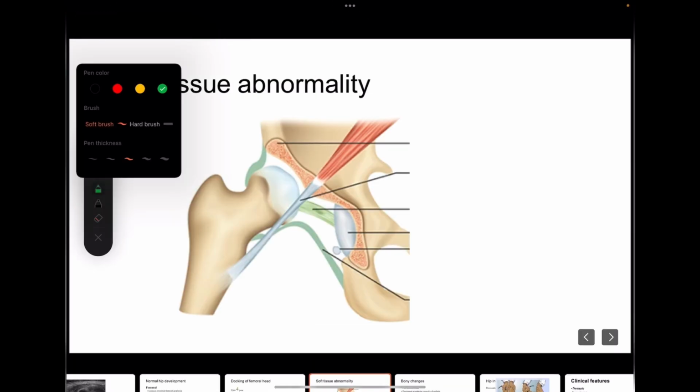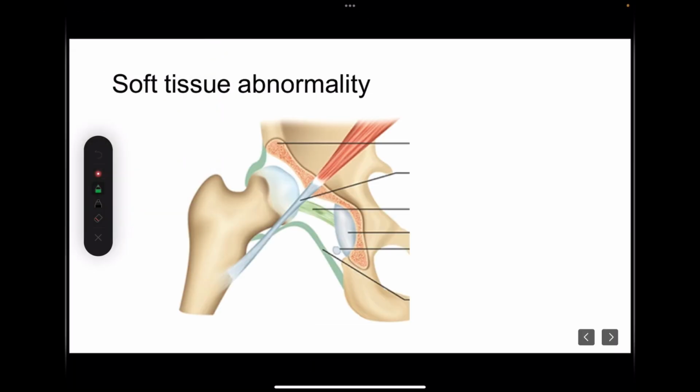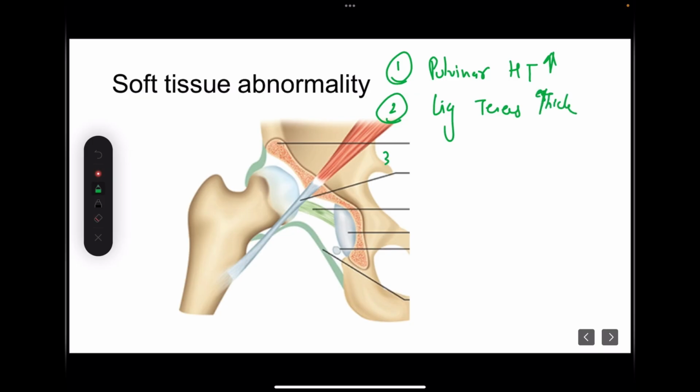Now coming to the soft tissue abnormalities which develop in developmental dysplasia of the hip if the hip remains dislocated out of the socket. One is pulvinar fat of the acetabular socket, it hypertrophies. Second is ligamentum teres, it also becomes thickened. Third is transverse acetabular ligament, it also becomes thickened.